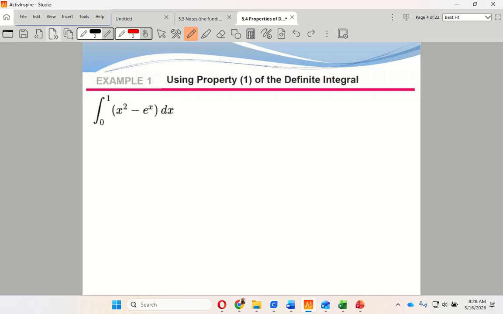So, use this property, the property that I just told you. Rewrite this first. So, right now, rewrite this.